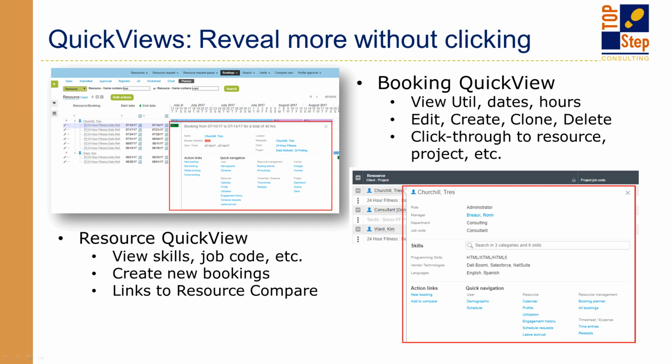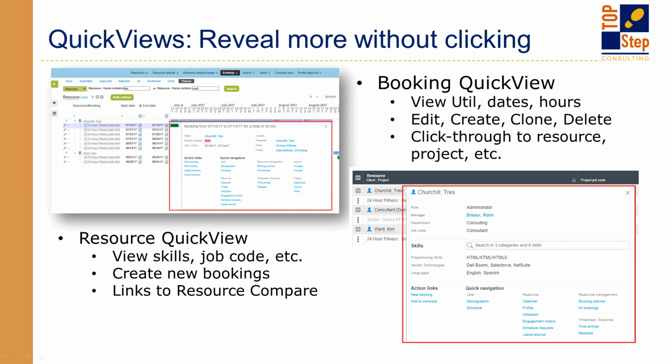Now, one thing that can be frustrating about managing bookings in OpenAir is that sometimes you're on a screen and you just want some information, and you don't really necessarily want to have to click off of that screen. Maybe you're in the middle of putting together a really complex staffing plan, and you're afraid if you move away, you might lose your momentum, but you just want to see what's this user's, I don't know, what's their utilization for this period.